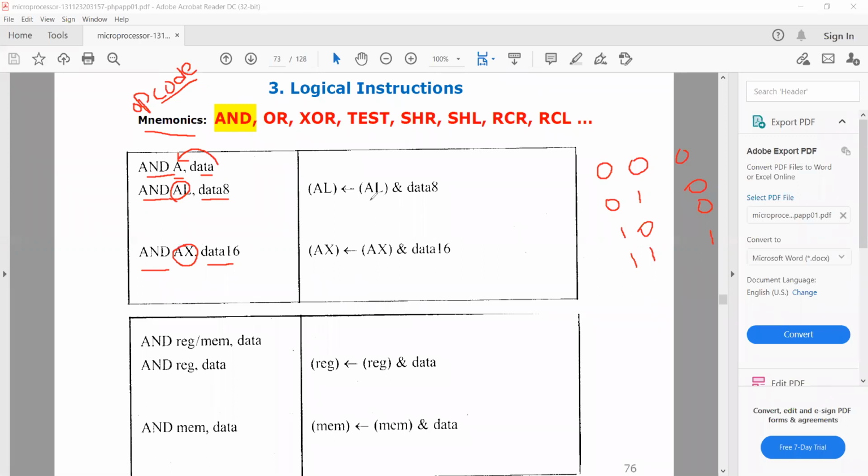This is explaining the operation here: the data given in the instruction will be ANDed, this symbol indicates the AND operation, with the data present in the AL register, and the result will be stored in the AL register itself. This is important. While executing any program, you always have to understand the meaning of the instruction. That is the first point. After that, you have to understand from where the data is coming.